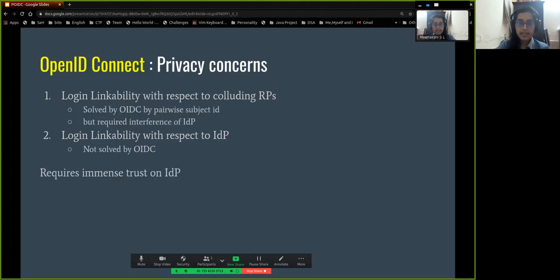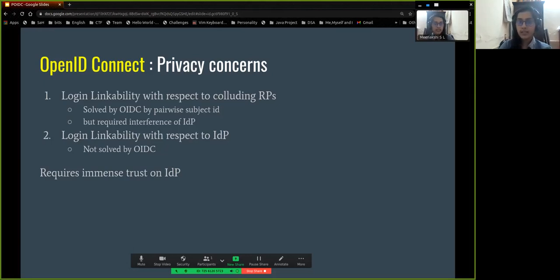So colluding RPs means that suppose you log into two different relying parties with the same ID. Usually the subject ID is fixed, and you use it to log into two different RPs. Now, if those RPs are communicating with each other, they would know from your subject ID that this account belongs to the same user, and they can exchange information and do something malicious.